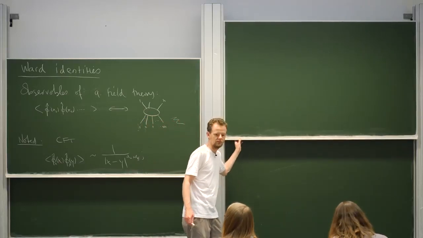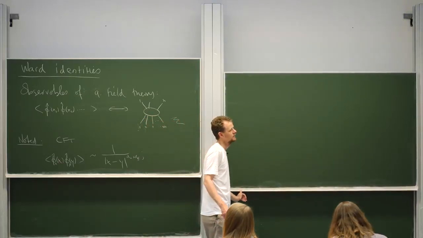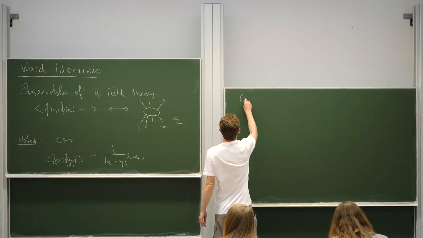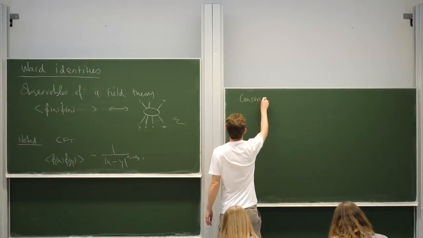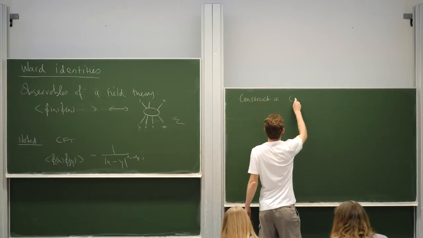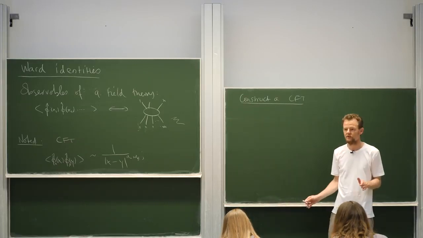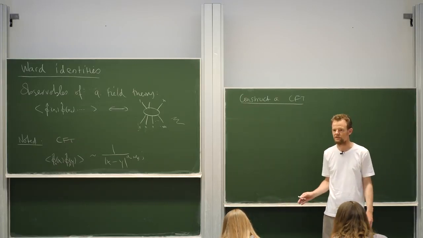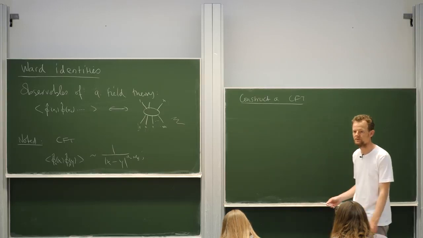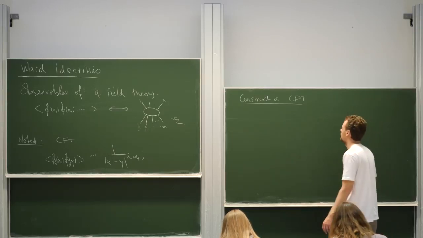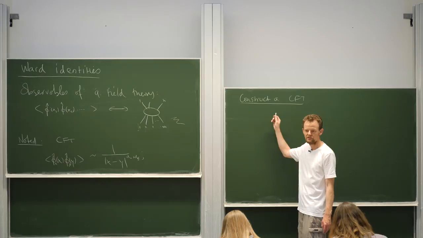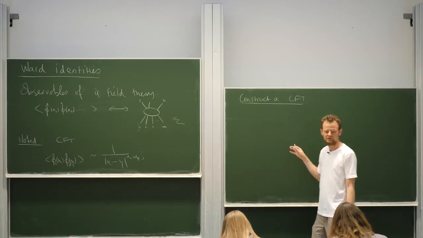And so our next job is to construct a conformal field theory. We've seen, more or less we know what to do classically to build a conformal field theory. You can write down actions which are invariant under dilations, and that should do the job. Quantumly, it's not so clear.